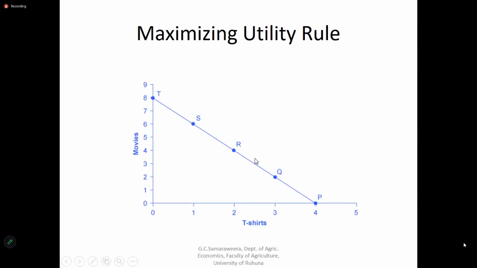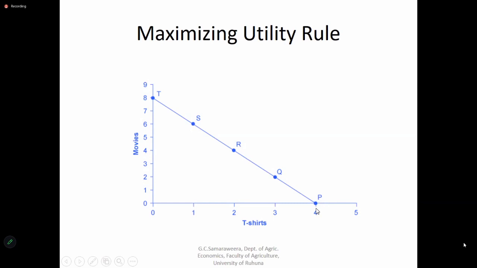Very good. Here, 0 t-shirts and 8 movies. And here, 4 t-shirts and 0 movies. In between there are different combinations you can see: P, Q, R, S, T. You need to see what happened here and here.